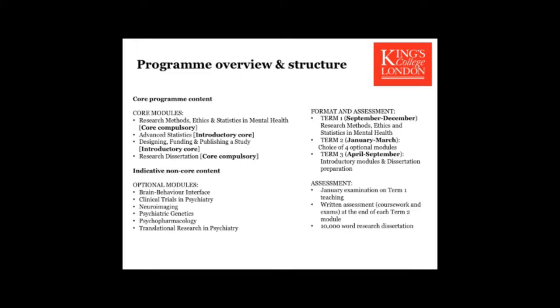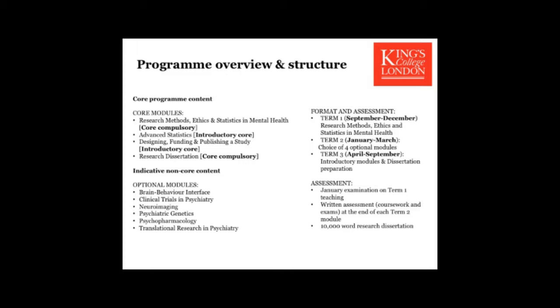And then you'll go on into the second term, as you see on the side here, format and assessment. In term 2, you will choose 4 of the optional modules, and you will complete that up until March. And then in term 3, you will do the advanced statistics, designing, funding, and publishing a study, and you'll be working on your research dissertation.